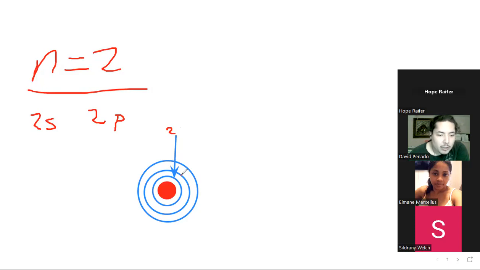Anything from here and onwards, except for I think it's the 5th ring, but we're not gonna reach that high, is all 8. The maximum they can carry is 8. So does that help?